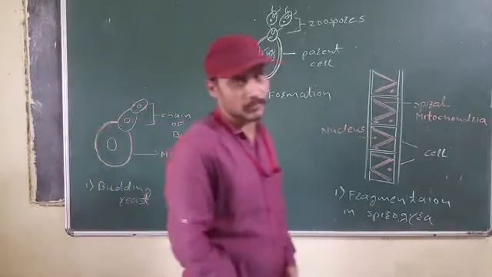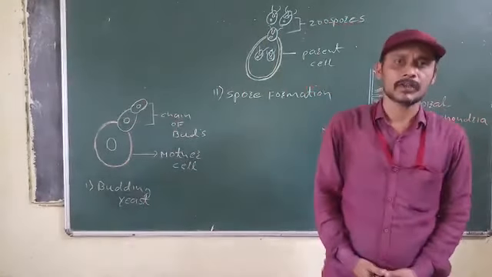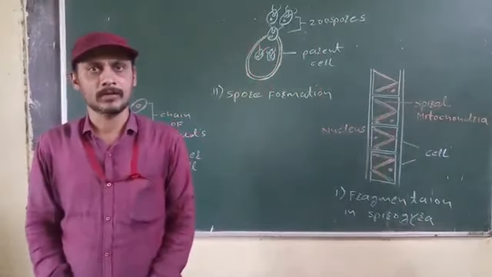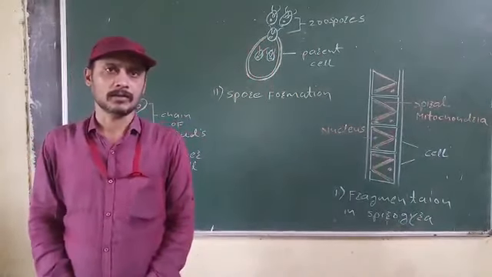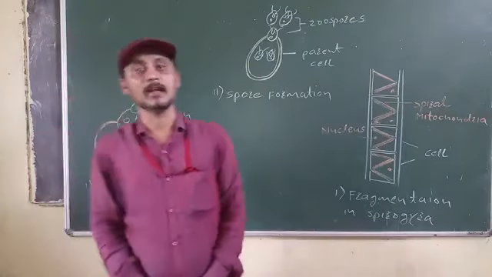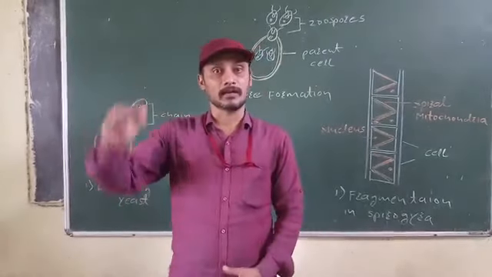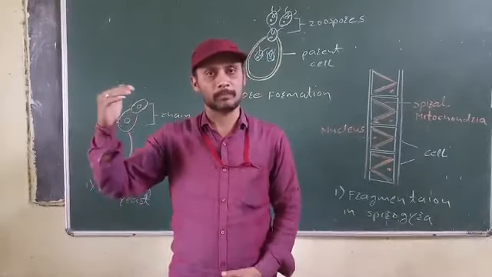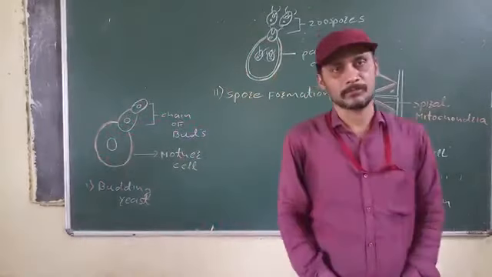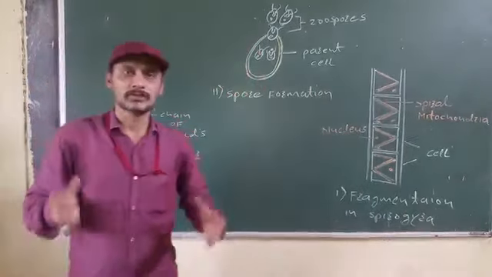So what is the importance of reproduction? The first thing is the continuity of life. Through reproduction, each and every living organism continues the presence of their species, and that is the first importance, continuity of that species after each organism.